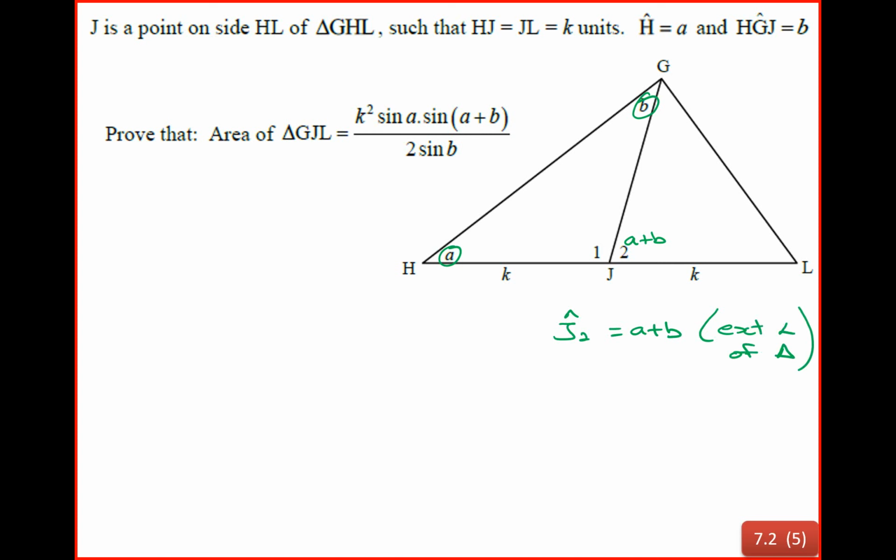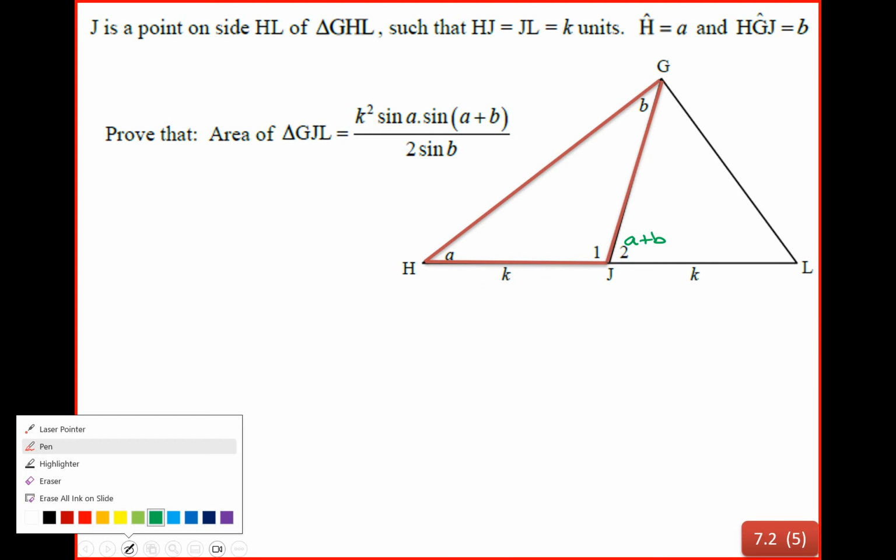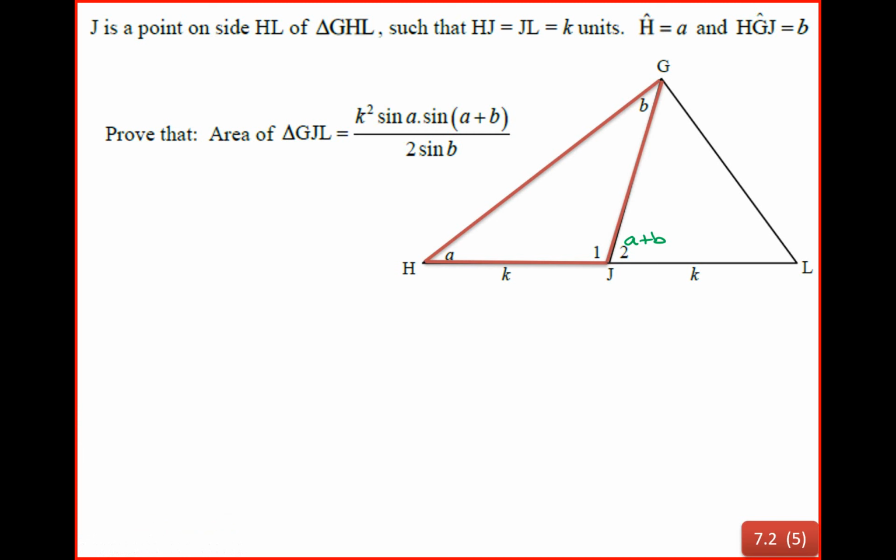Okay. So now we're going to focus on trying to find the common side called GJ. So I've highlighted that triangle in red. To find that, we're going to try and use the sine rule. And I think the sine rule is going to work well here, because we want to find GJ.